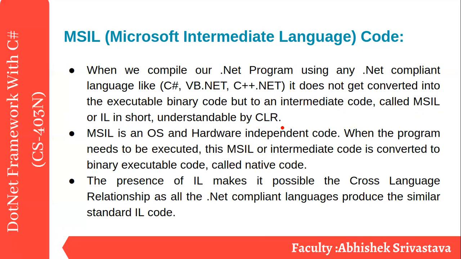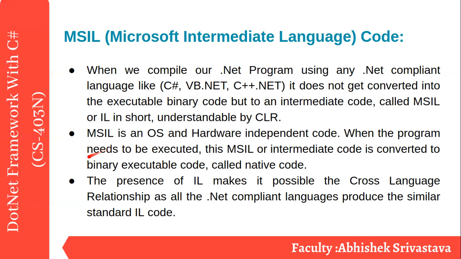So when you run a program in any language, the code is converted into MSIL, an intermediate code. Then the CLR takes the intermediate code, and at last the JIT compiler converts it into native code. So three codes are there: your code, MSIL code, and the native code. Keep in mind, these are very important terms. MSIL is an OS- and hardware-independent code.